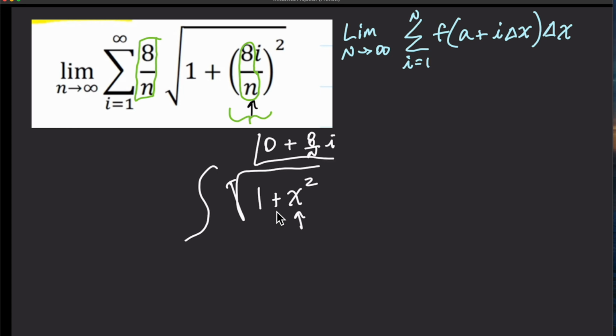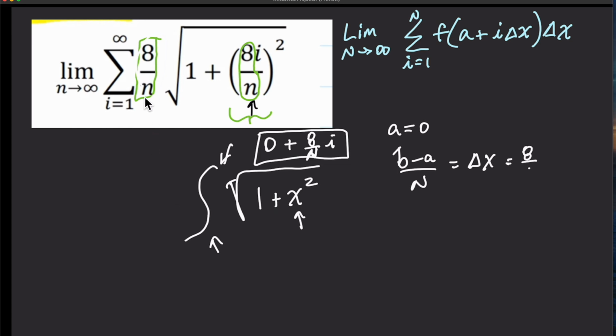So we're going to use this information to get our a and b value to plug into that integral. Okay, so we know that our a value equals 0. We know that b minus a over n is going to equal our delta x, which again, it's obvious because it's outside here, is going to equal 8 over n.